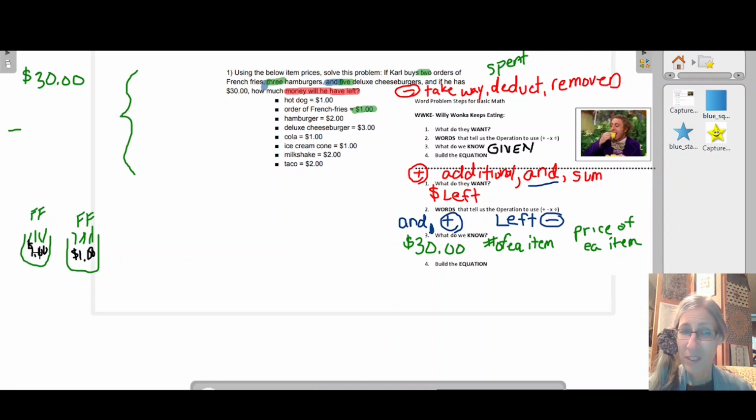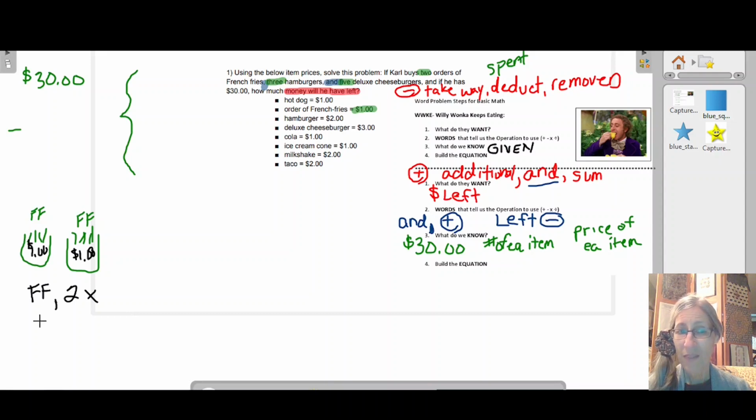So we have to give some value to the French fries so we know what to subtract. So what is the total here? Well, we have 1 French fry, but we have it 2 times. There's 2 of them. 1 French fry, 2 times.